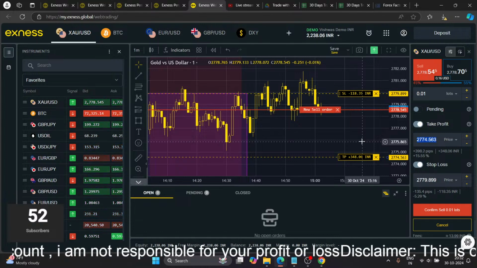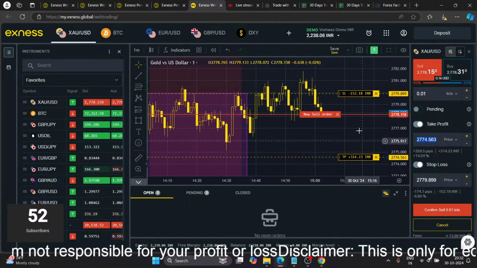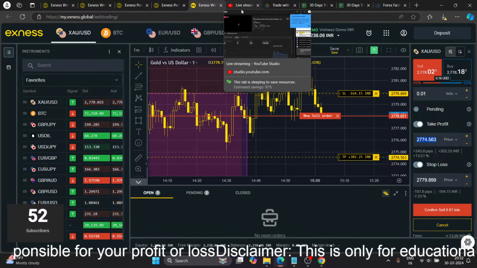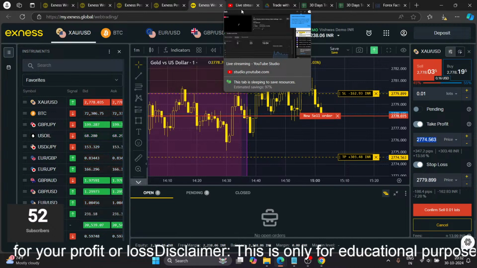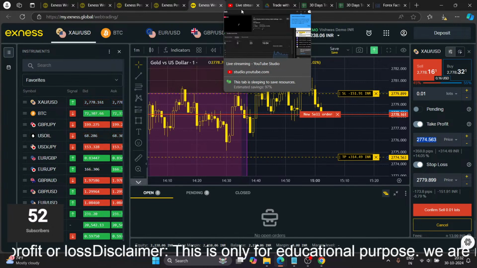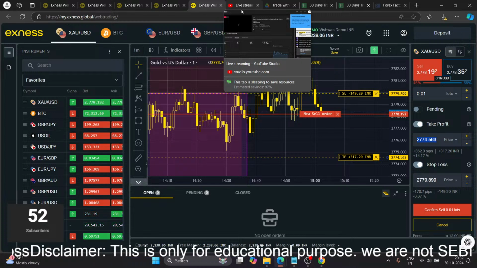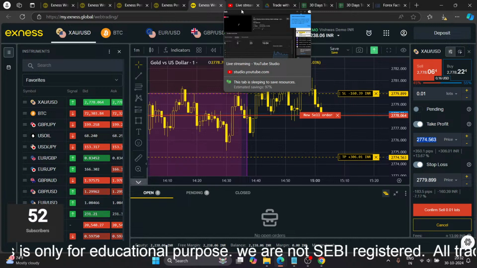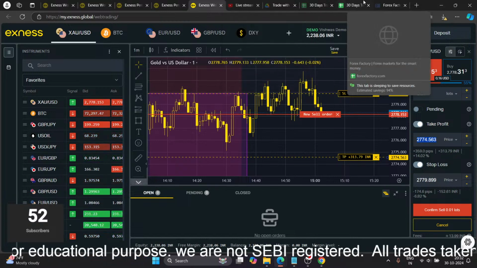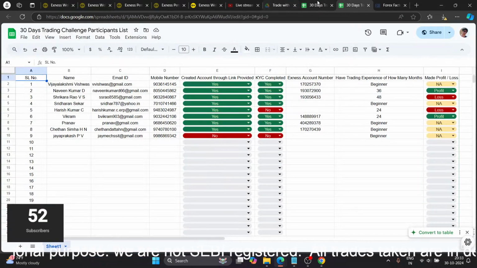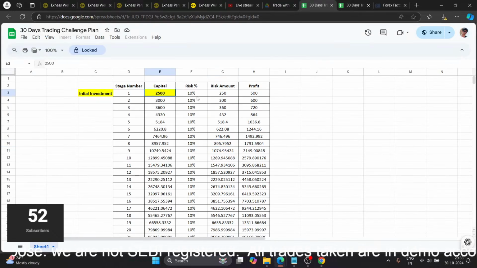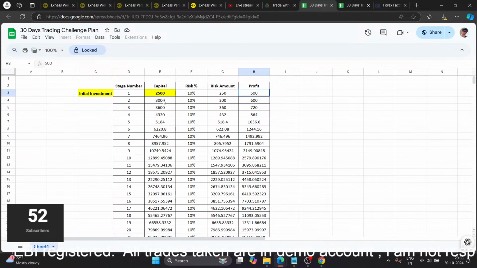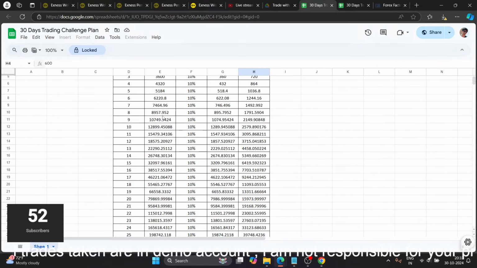I also covered how to use the TradingView app, which is where we mainly do analysis, how to mark the trend line, and how to trail the stop loss. I've also explained why I am aiming for 2500: I want to risk only 250 rupees in stop loss and take 500 rupees profit. In the same way, as the capital increases, 10% risk, 20% profit.